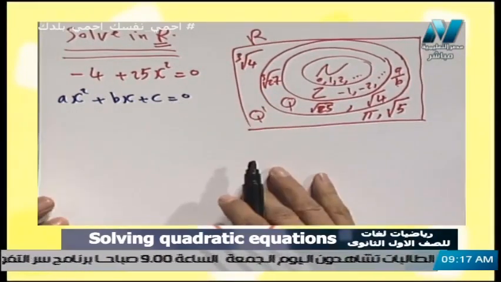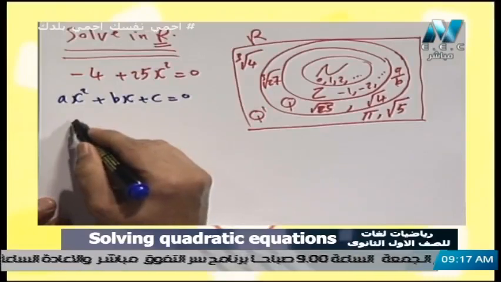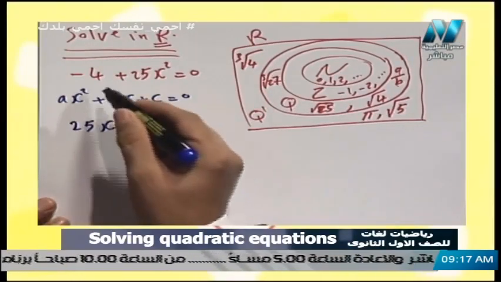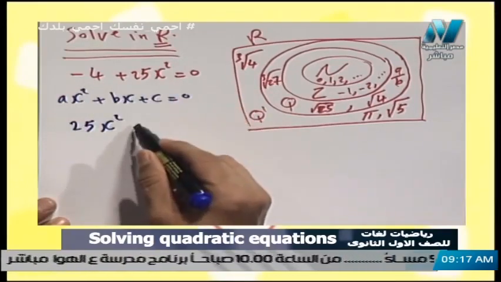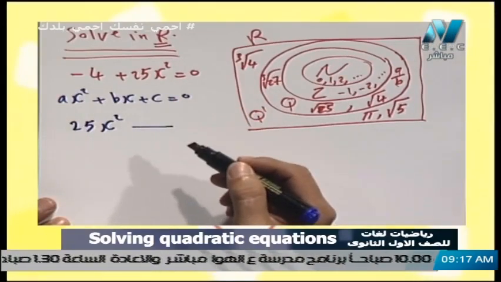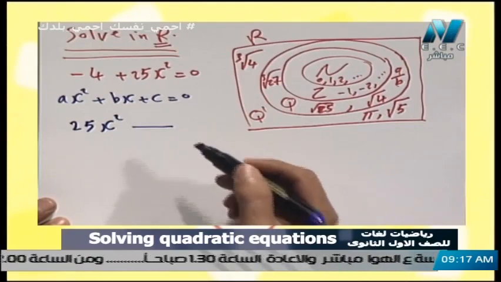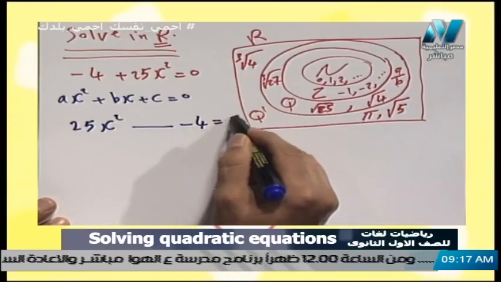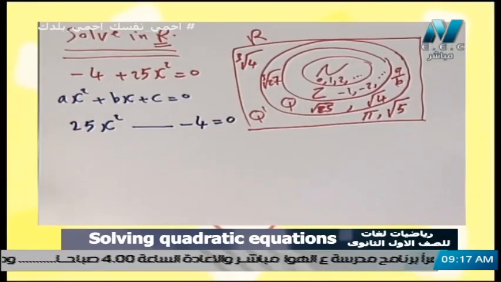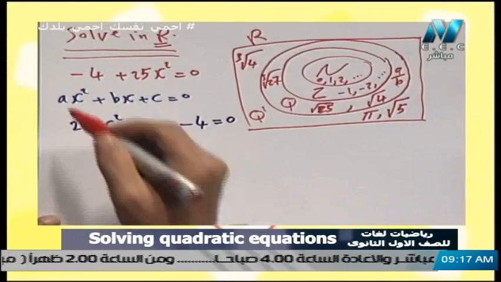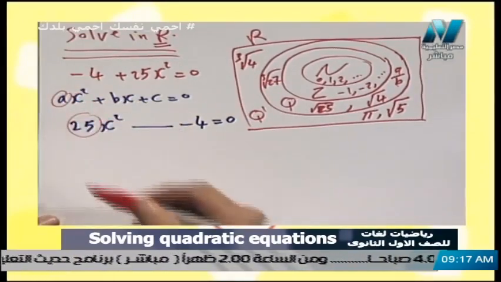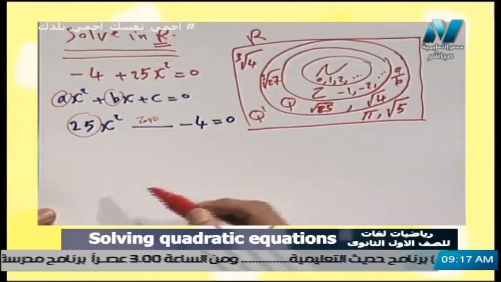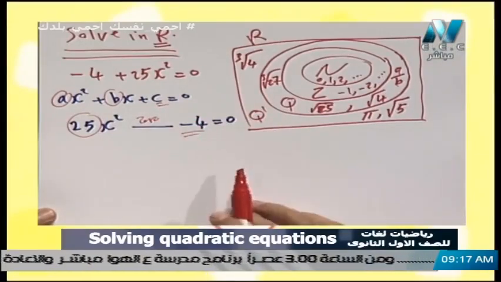But when we arrange it, we have 25x power 2, and we have no x term, so the coefficient of x, b, equals 0, and c equals -4. By comparing, a is 25, b is 0, and c is -4.